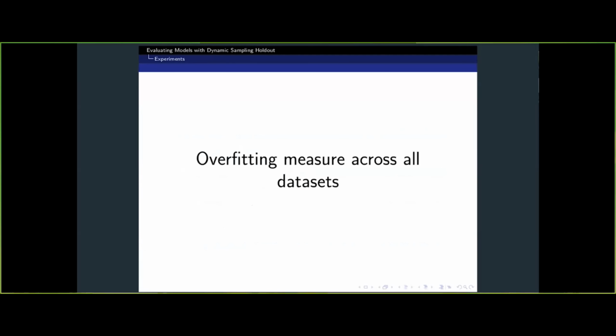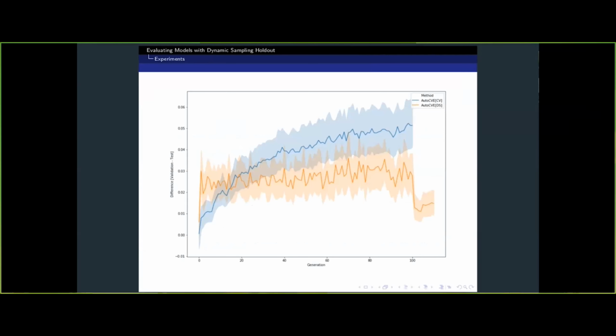So first, measuring the amount of overfitting in the evaluation procedure. Here, we test the best model of each generation of the Auto-CVE and use the difference between the inner evaluation of the algorithm and the evaluation made on an external sample. This is the amount of overfitting we're talking about. Looking at the results, we can see that the use of cross-validation, in blue, has a small amount of overfitting in the beginning, and it grows as generations pass.